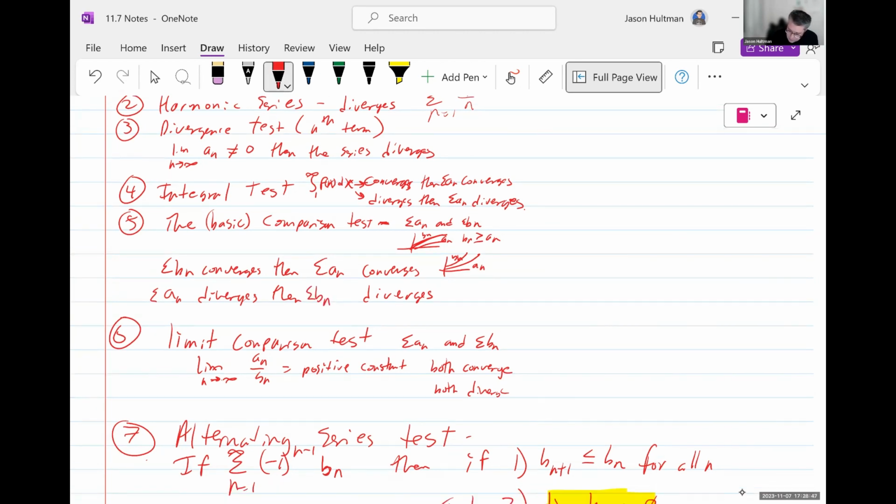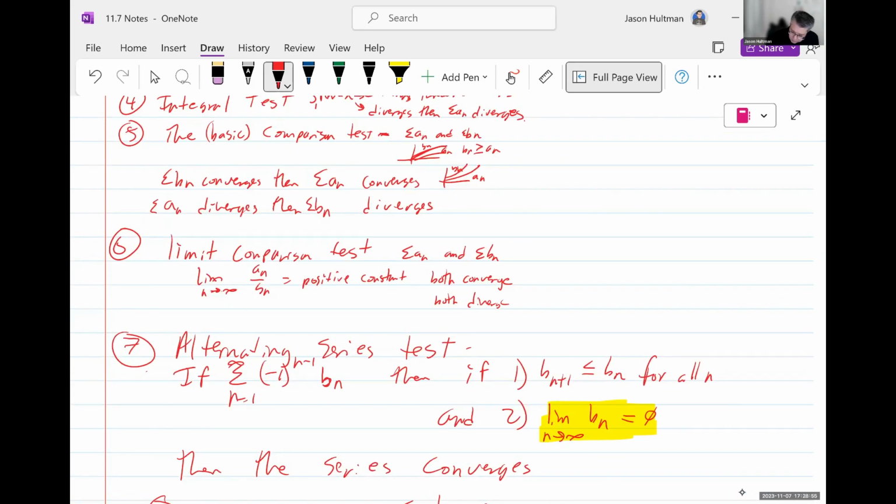The limit comparison test: if we have a sub n and b sub n, then the limit as n goes to infinity of a sub n over b sub n, if that's a positive constant, then they either both converge or they both diverge.